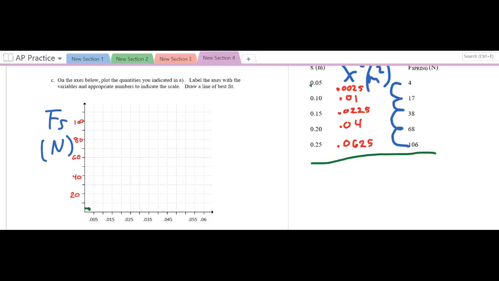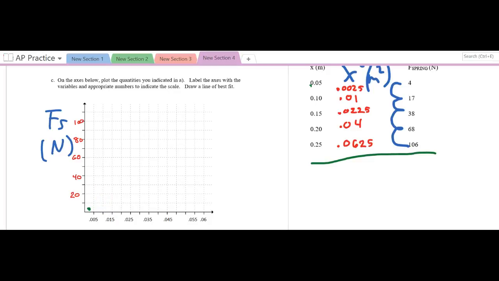The next one is at 17, so it's going to be a little farther up. And 0.01 is going to be right about there.